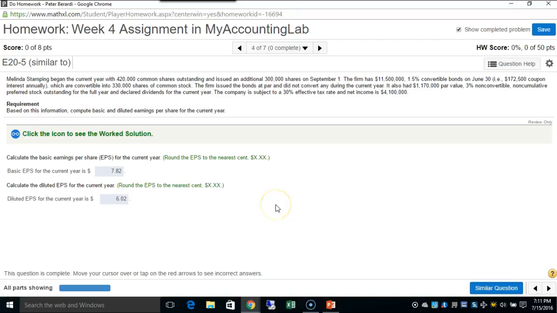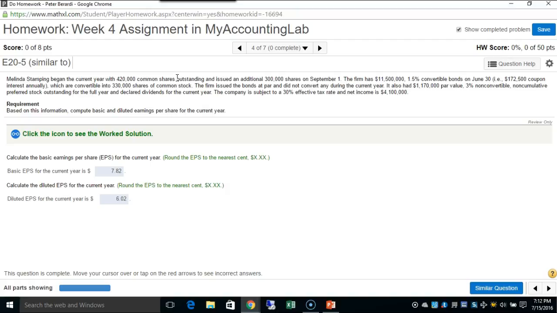But first, let's calculate the basic earnings per share. The basic earnings per share will be the 420,000 common shares outstanding, which will get the full 12 over 12 calculation. So 420,000 common shares get 100% weighted average. We issued an additional 300,000 shares on September 1st. So September, October, November, December, that's 4 months out of 12.